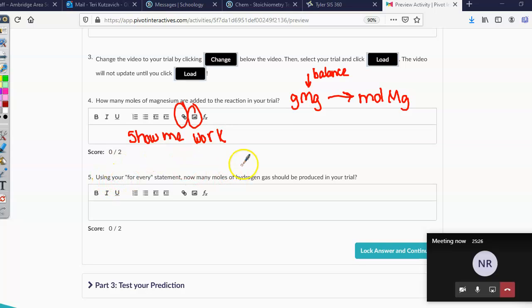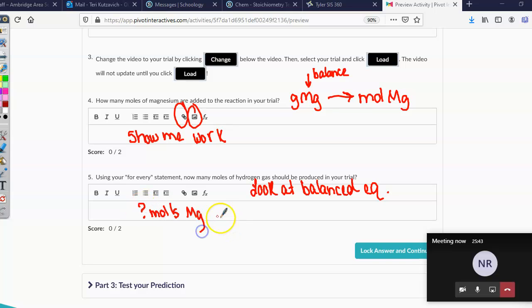Number 5, look at your reaction. Look at your balanced chemical equation. So you're saying if you use so many moles of magnesium, how much hydrogen gas should be produced?